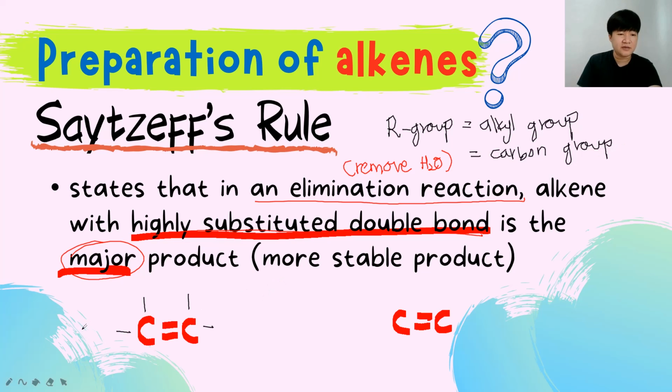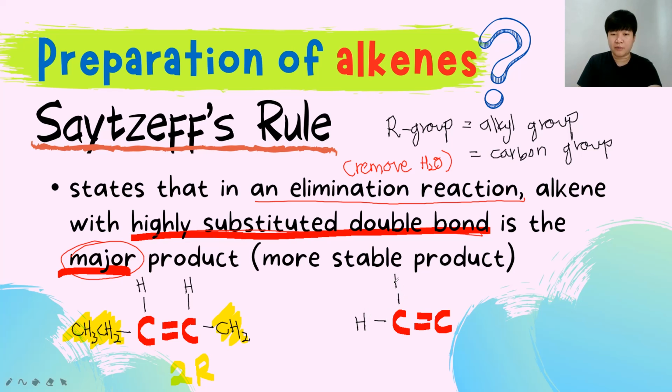In other words, if I give you an example like this, I have a CH3, CH2, and H and H. Over here in this structure, we have two alkyl groups, one, two. So over here, you have two R groups.